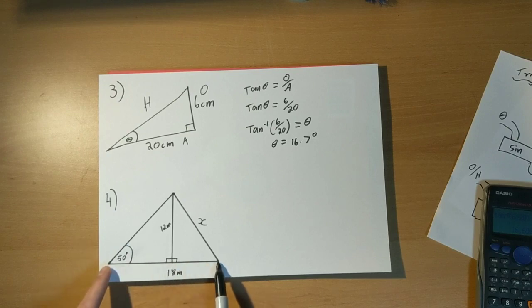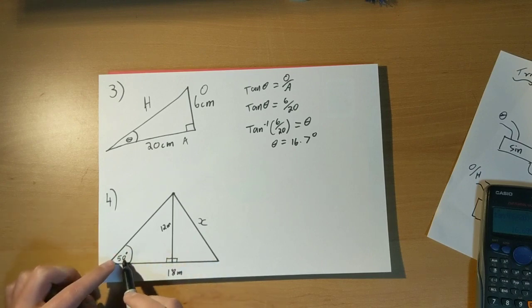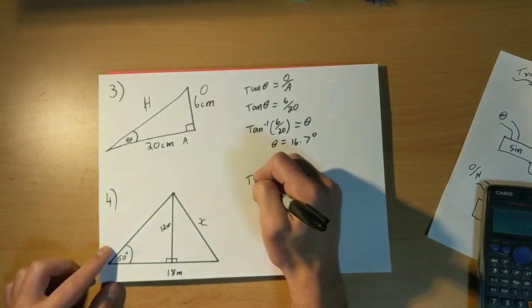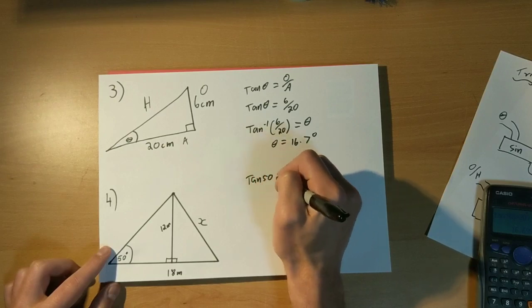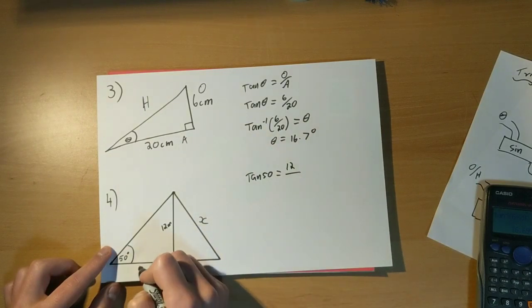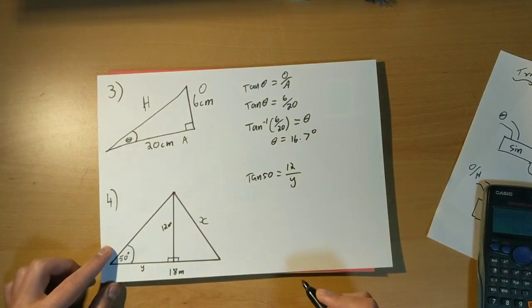I know that this whole thing is 18 meters, but I want to know what each one of these parts of that line is. So if this is my angle, then this is my opposite side, and this is my adjacent side. So I have that tan of 50 equals opposite, 12, over, and I'm going to call this y, 12 over y.